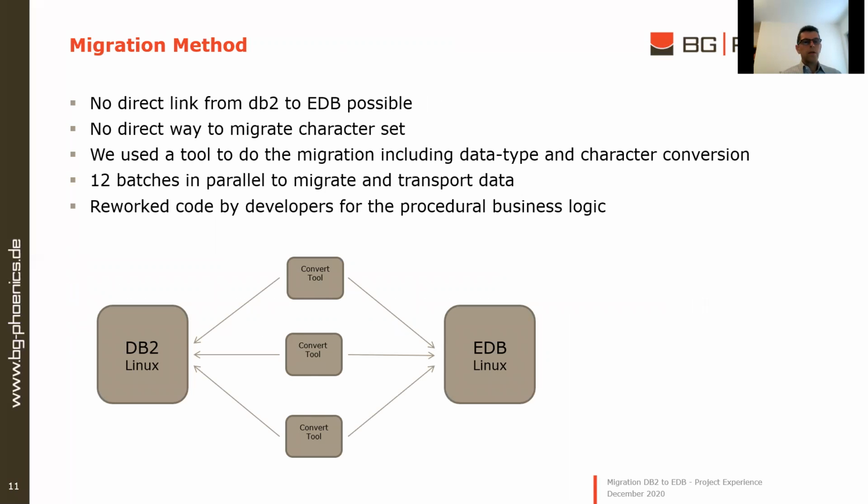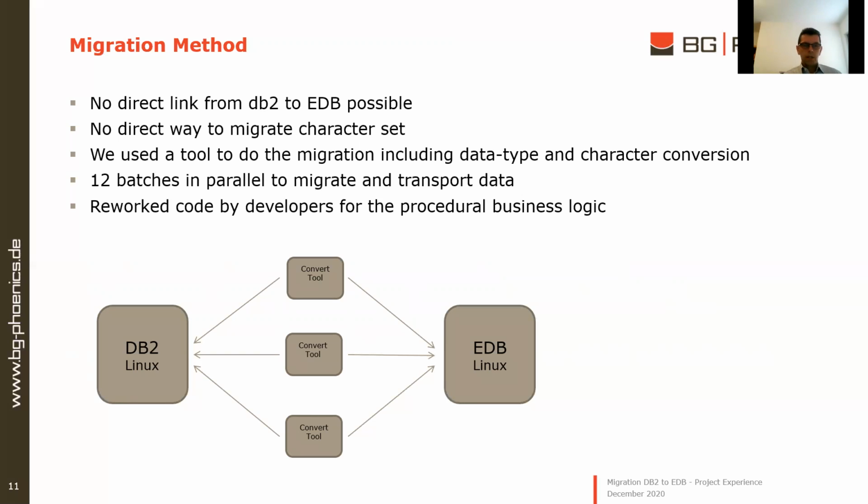Now to the migration method. From DB2 to EDB, there is no direct link available. You have to do this manually. There's also no direct way to migrate the character set from ISO to UTF-8.